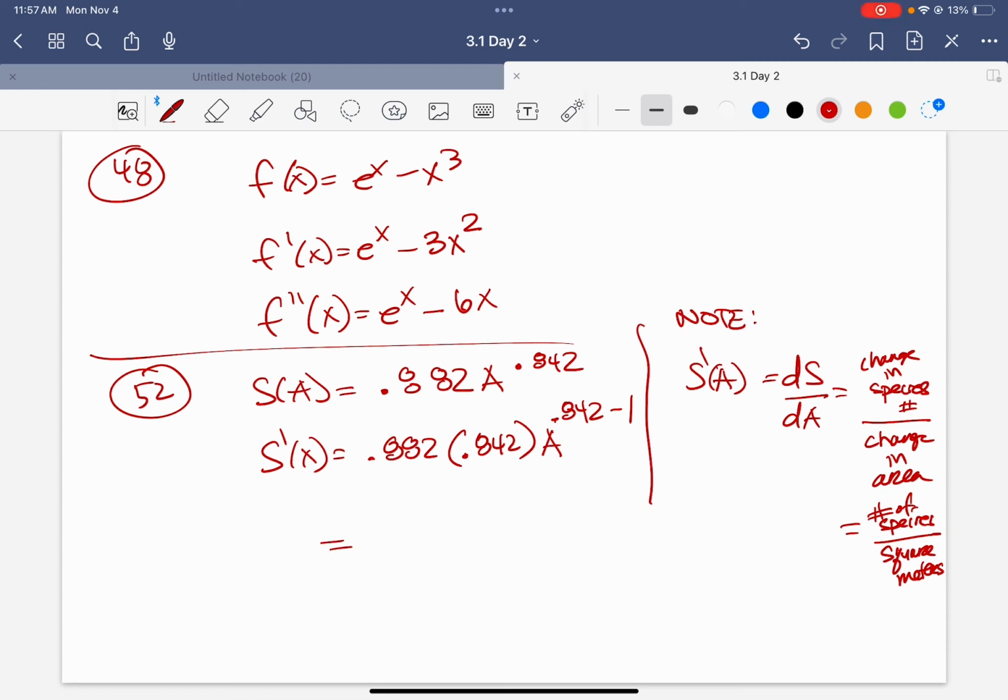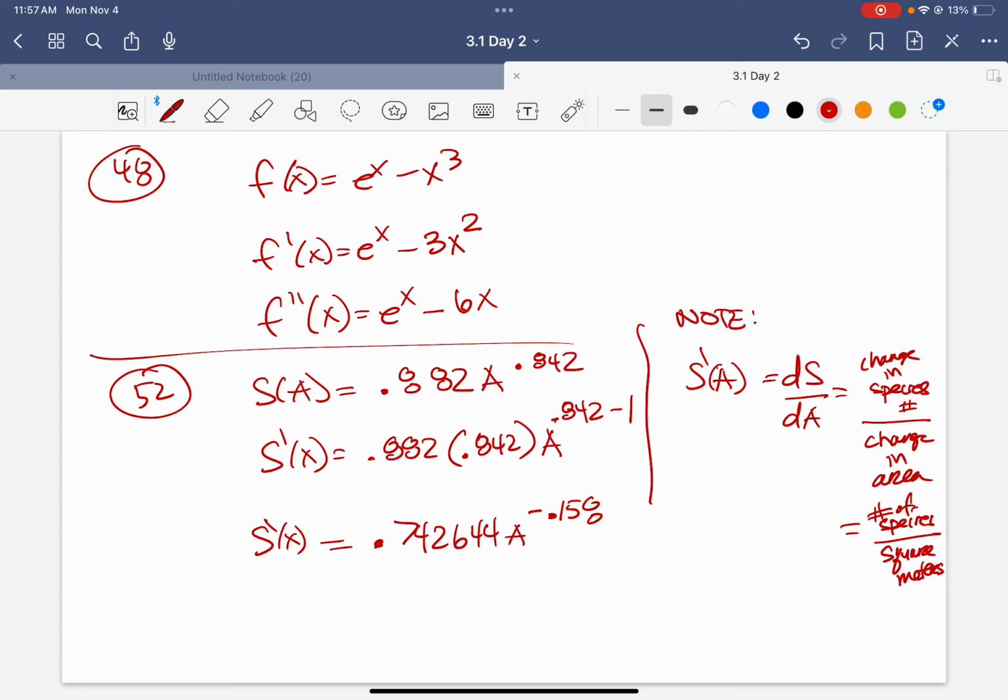So if I take 0.882 times 0.842, I end up getting 0.742644 A to the, and if I take this minus 1, what should be pretty easy to see, I get A to the negative 0.158.